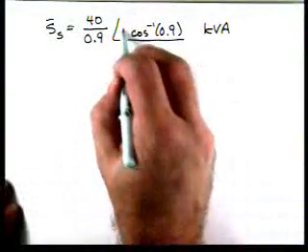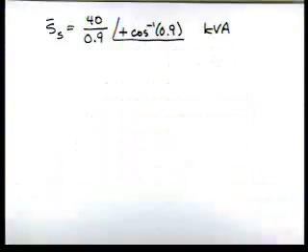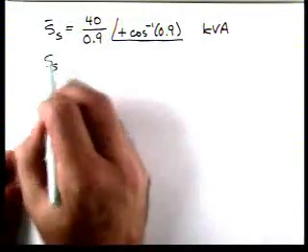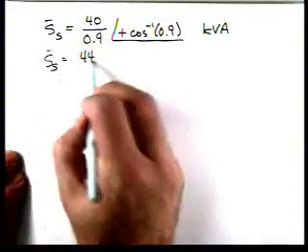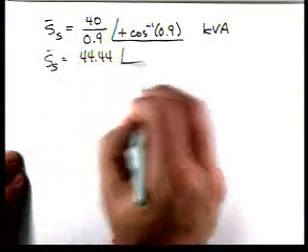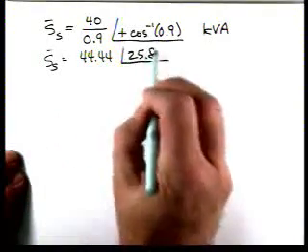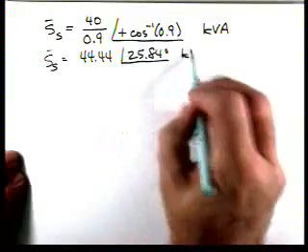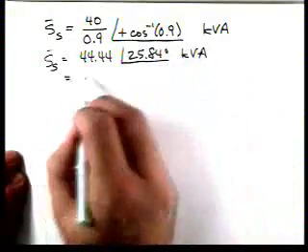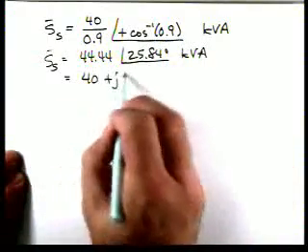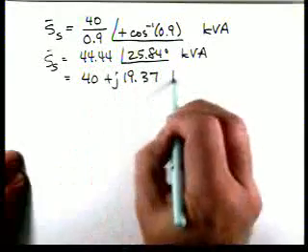If the power factor had been leading, this would have been a negative angle. Okay, so the complex power supplied by the source then is 44.44 at an angle of 25.84 kVA. This is 40 plus j19.37.